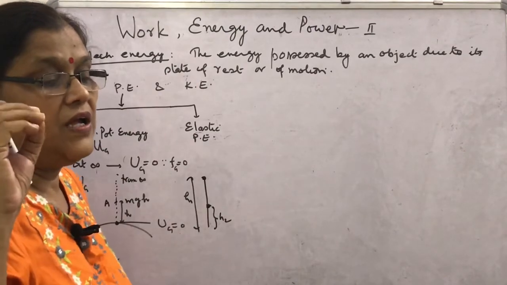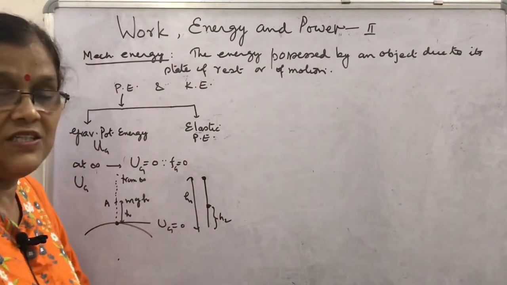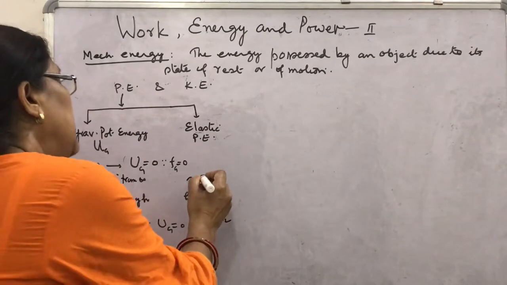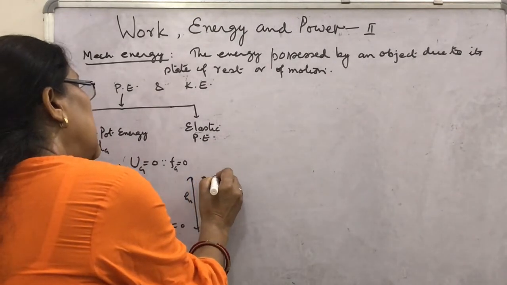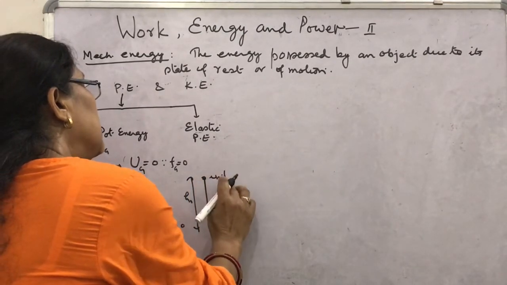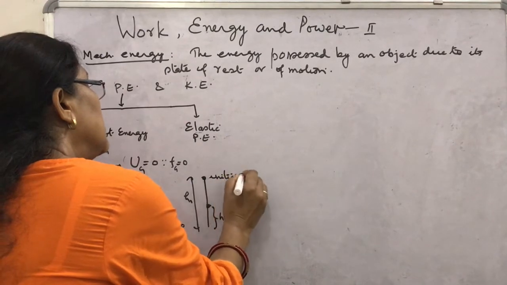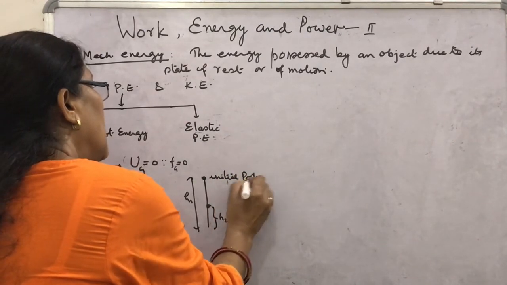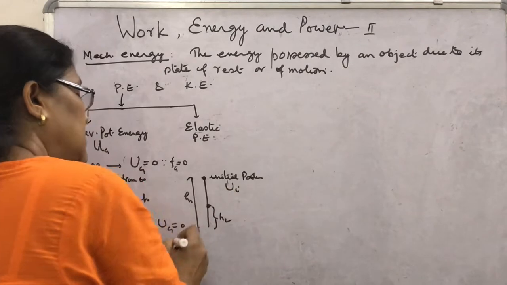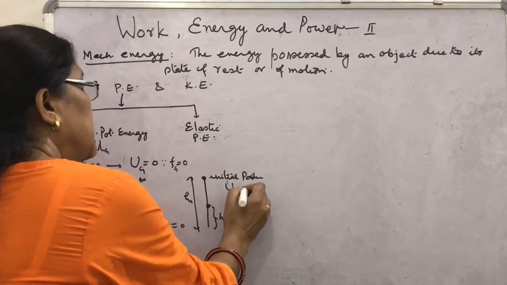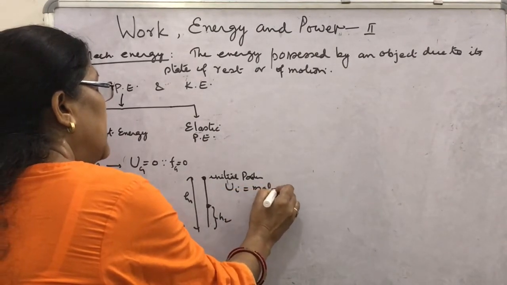Initially the object is here, the initial position, so the potential energy Ui is mgh1.